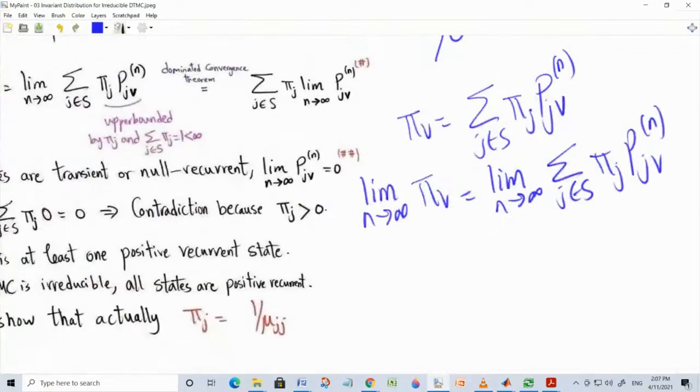Okay, now left-hand side. Well, we don't have something here that depends on n. This actually is constant with n, and so the limit of a constant is itself. Now we have here a limit, and we have a summation.